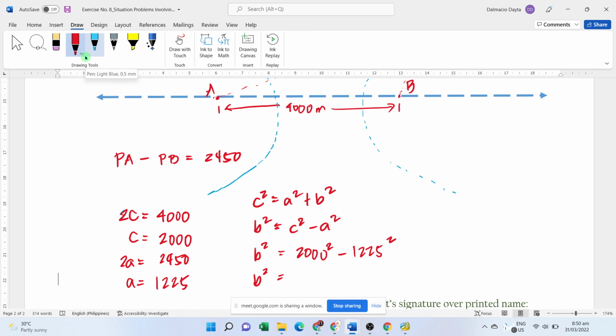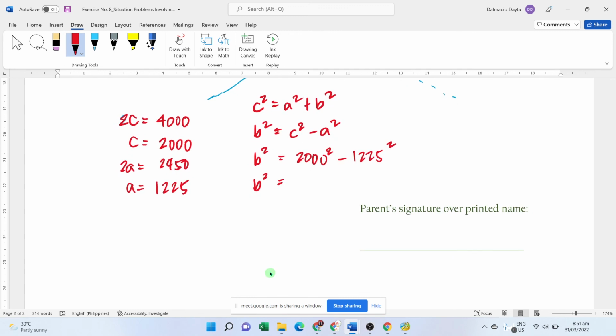Okay? When we take the square root, we get 1,581. So B is equal to 1,581.